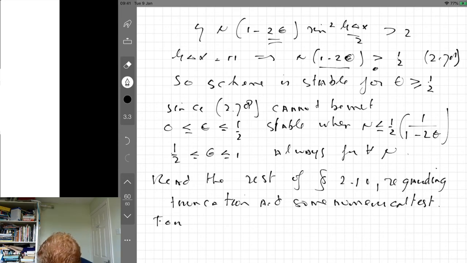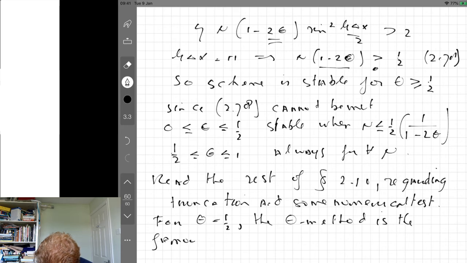For theta is half, the theta method is the famous Crank-Nicolson scheme, which is second order.